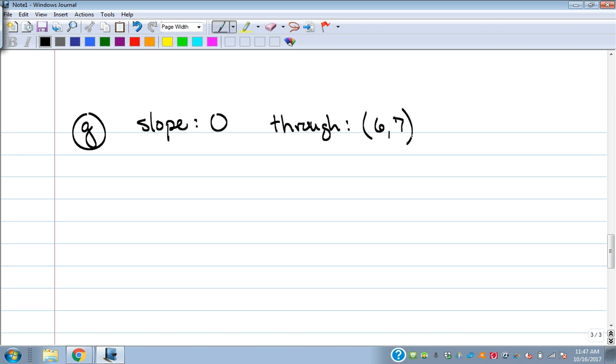Slope of 0 through 6, 7, in point slope form. What would the first part be? Equals. Okay. What's 0 times x minus 6 going to be? 0.